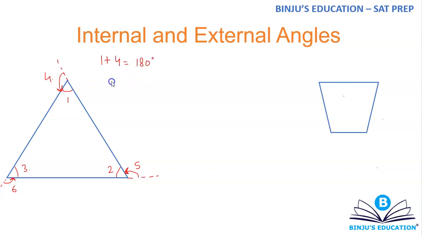Everyone knows that. 2 plus 5 is 180, and 3 plus 6 is also 180. So if I sum these 3 equations, I'll get that the sum of internal plus external is equal to 3 into 180.